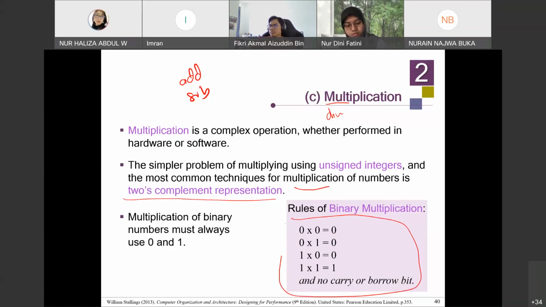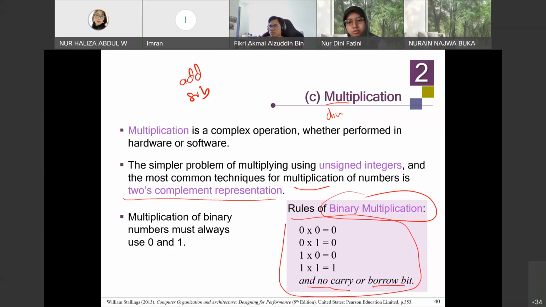In terms of this table, 0 times 0 is 0. No carry or borrow bit happens when you are dealing with binary multiplication. Of course, when you multiply with 0, every number will get 0. And 1 multiplied by 1 gets 1. There's no carry, no discharge.